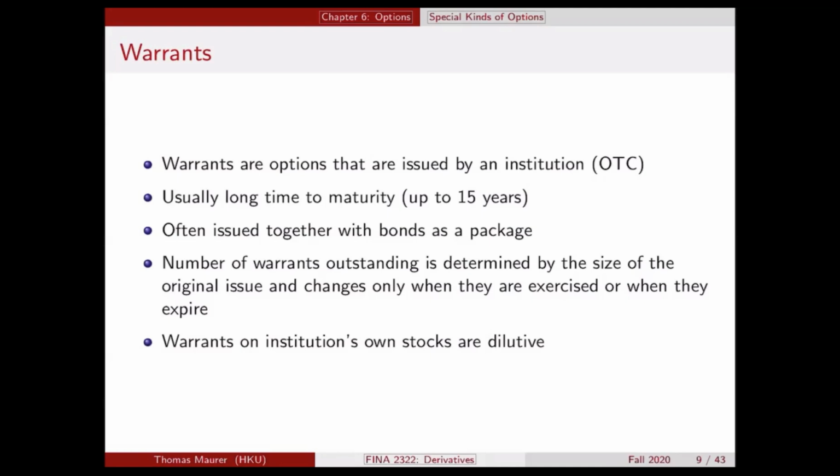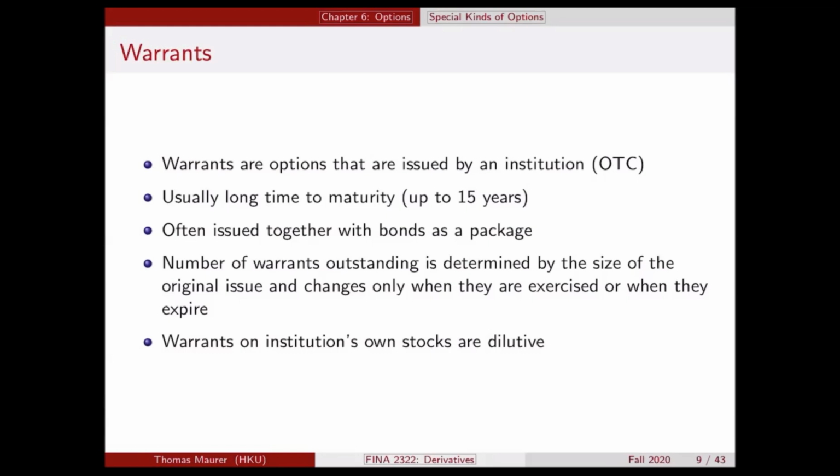And this is a dilution effect in these stocks. Therefore, issuing a warrant has some implications on the actual underlying stock price, while exercising a regular call option, where no new stocks are issued, will not have such a dilutive effect on the stock price.